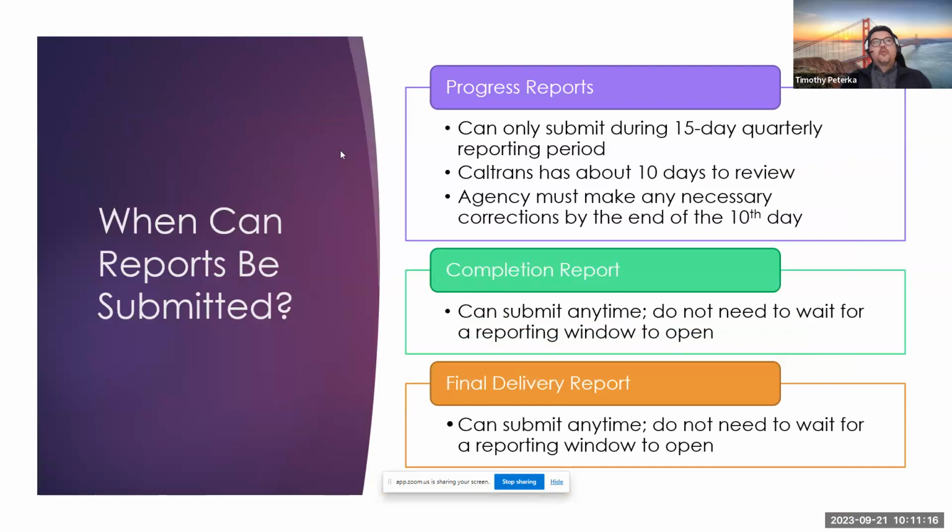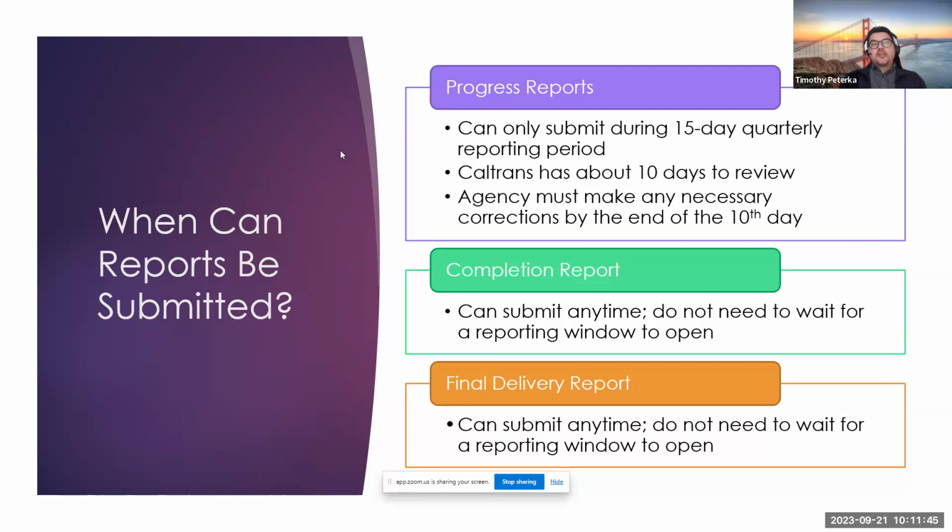So when can reports be submitted? For progress reports, these ones that are due quarterly, you can only submit them during a 15-day reporting window. So that when the automated reporting notification goes out saying, here comes the reporting window, that's cluing you in that we are opening the 15-day reporting period for you to submit the reports.